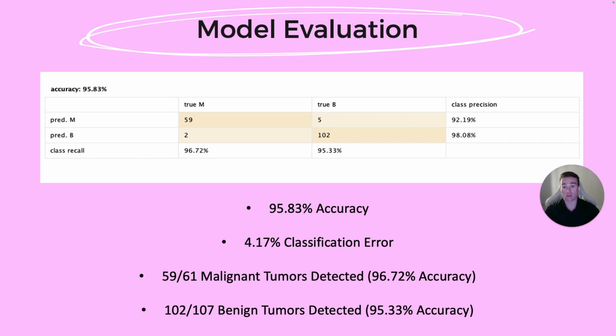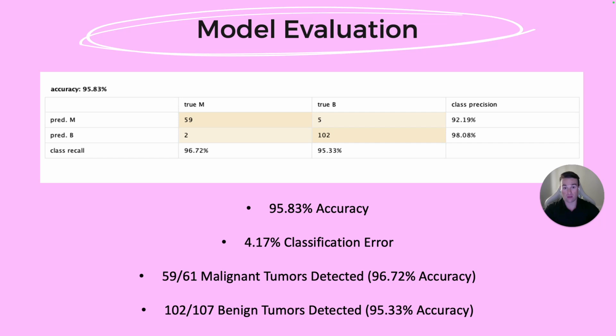The model also, if you look under the column of true M, that's true malignant, it identified 59 malignant tumors out of a total of 61 actual malignant tumors, which gives a 96.72% accuracy of identifying a malignant tumor.